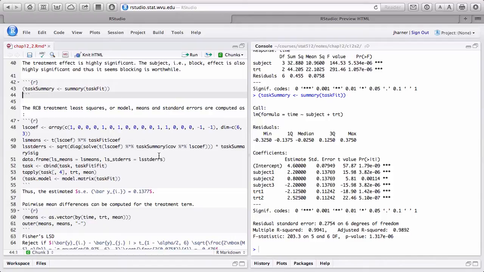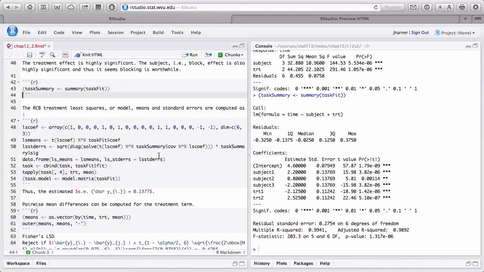Let's suppose you have a table like that where you have subjects and you have treatments, and in each cell you may have different numbers of observations. Then just averaging is not the correct thing to do. So there's a difference between what we call a model mean and the sample means.